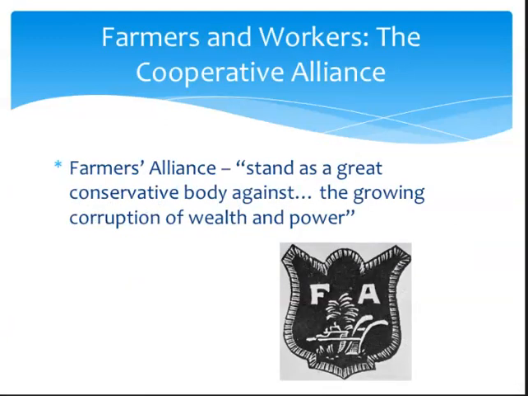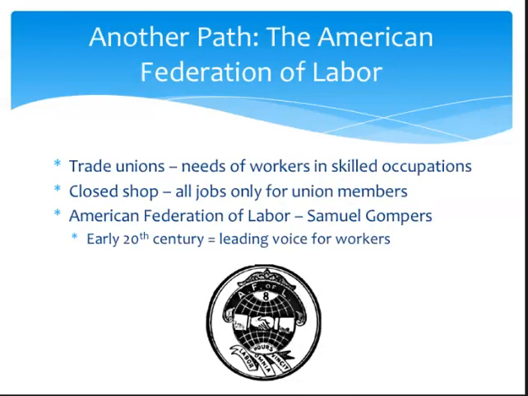Now, you have farmers and workers and something called the Cooperative Alliance. The Farmers Alliance stand as a great conservative body against the growing corruption of wealth and power. So these were farmers that would get together and say these big businesses are causing too many problems, very similar to the National Grange. And then you have the American Federation of Labor. They're still kind of around today.